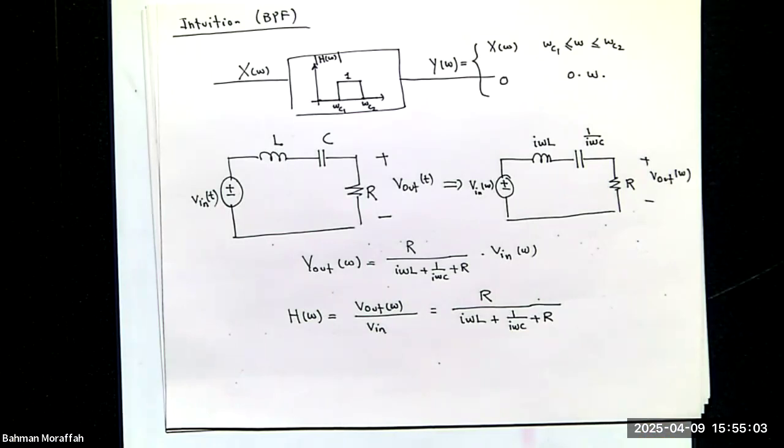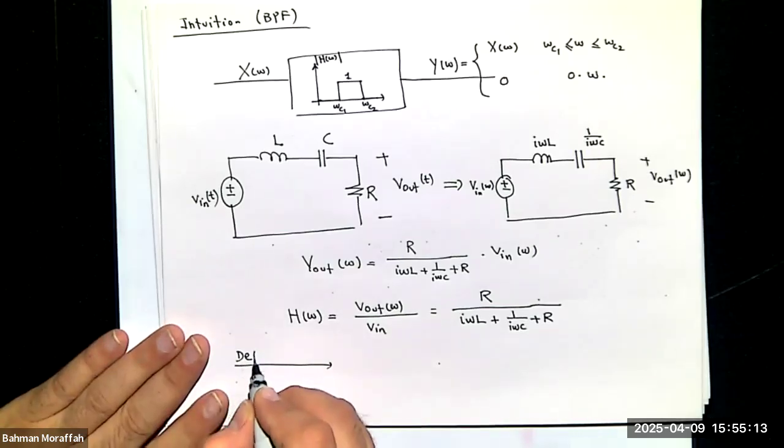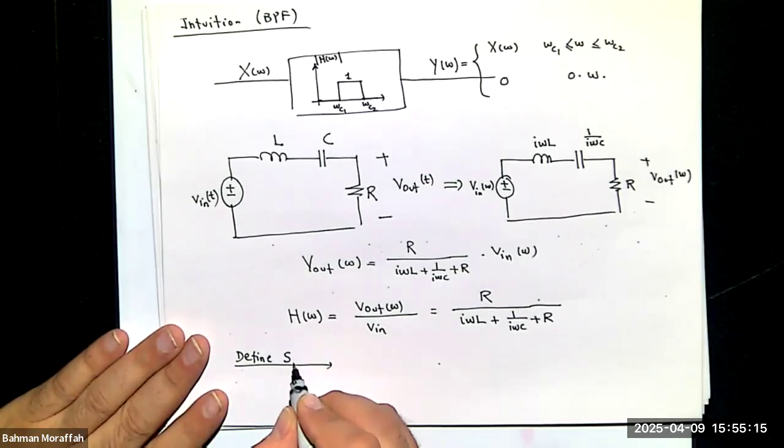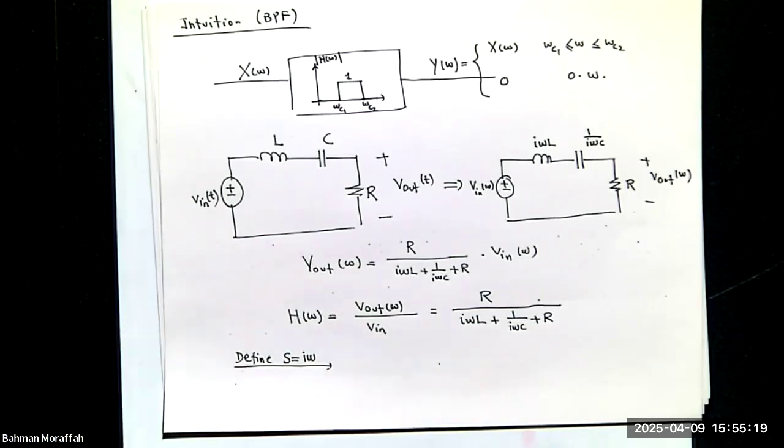To save us some time and not write i omega all the time, let's just define S to be i omega. Later, we're going to learn this S is the Laplace transform.